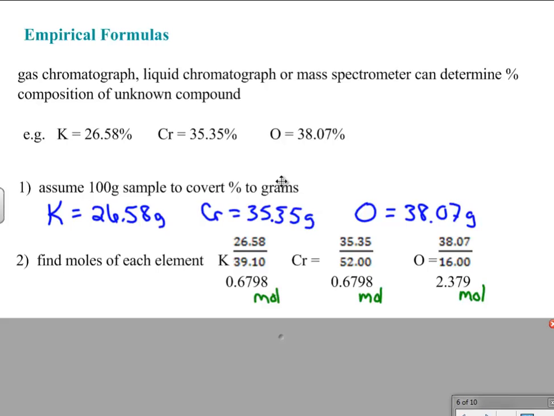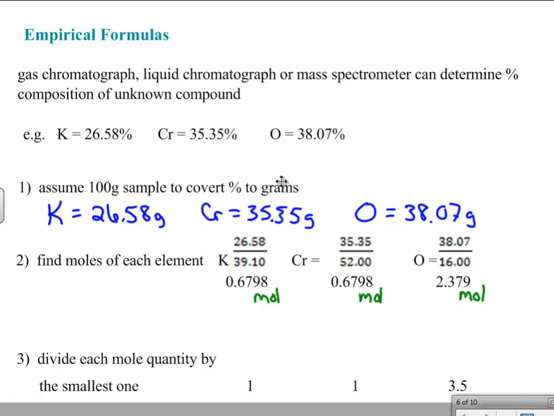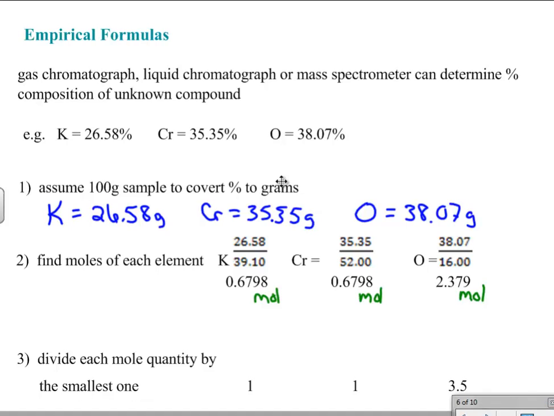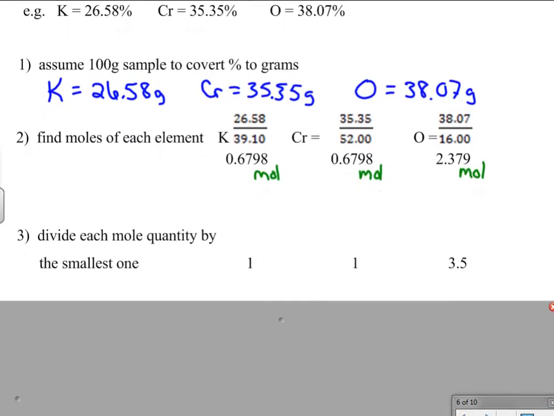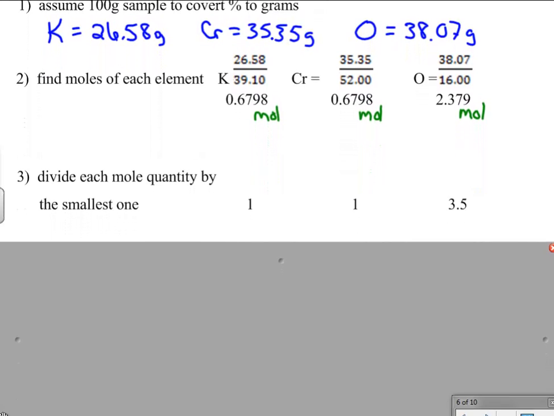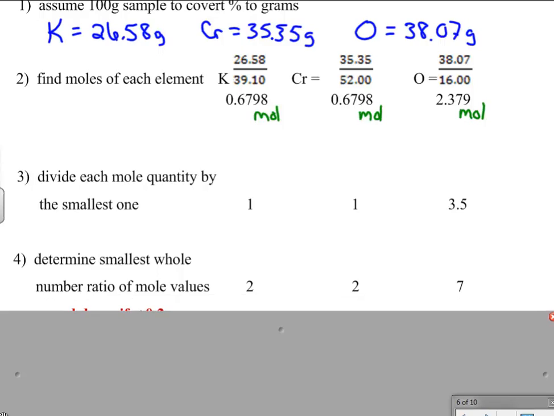Once I have the number of moles of each element present in the compound, I divide each of those mole values by the smallest mole quantity. So 0.6798 is the smallest of the 3 mole quantities. 2 of them have the same mole value. So I get a mole ratio now. My mole ratio is 1 to 1 to 3.5. What I need to do now is get that into a whole number ratio.